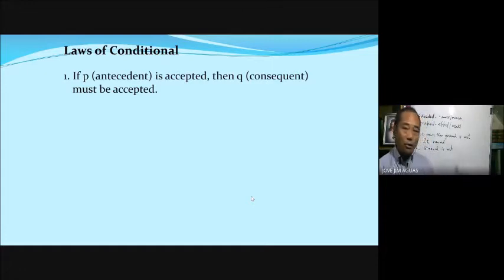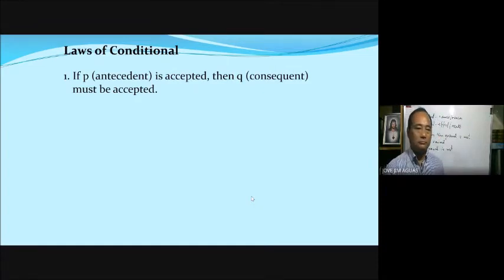If you say, if you study, then you will pass, studying is the condition for passing. If that condition is accepted, you said he studied, what should be the conclusion? The conclusion should be, therefore, you pass. That's the antecedent or the condition set by the proposition. Or if you say, if you believe in Christ, then you are a Christian.